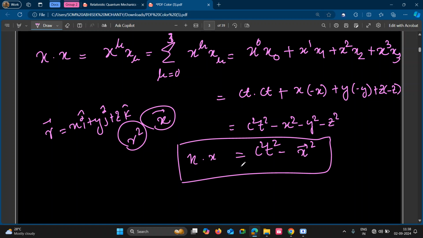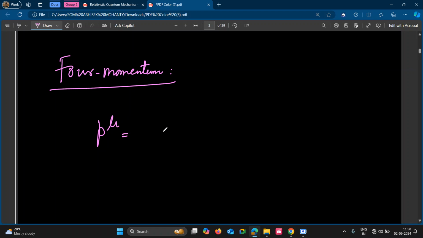So this is the definition. Okay, if I write four momentum like that, P mu is equal to E by c for the zero component, then Px, Py, Pz. And we write the scalar product in four dimensions, the one we used in Einstein summation.